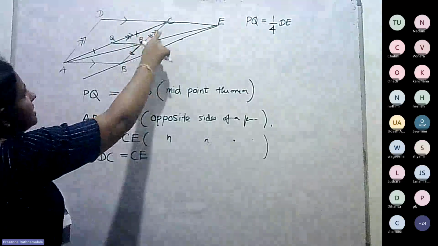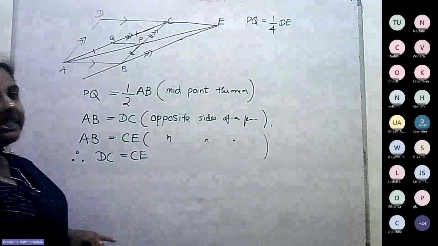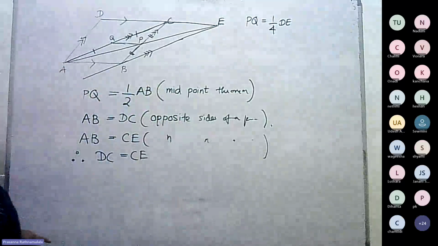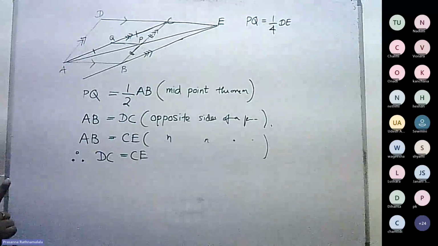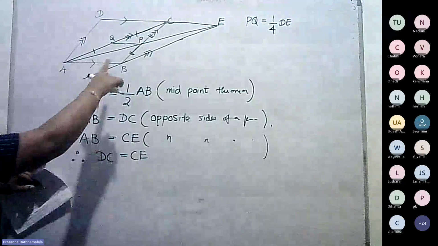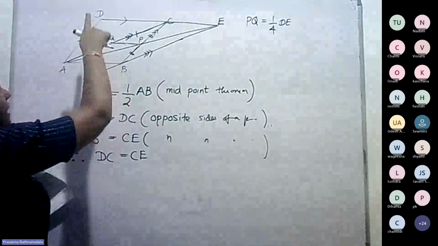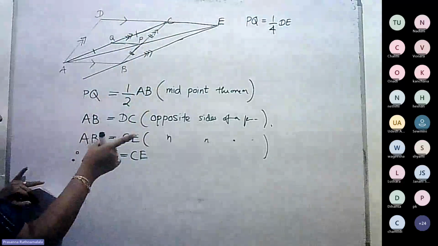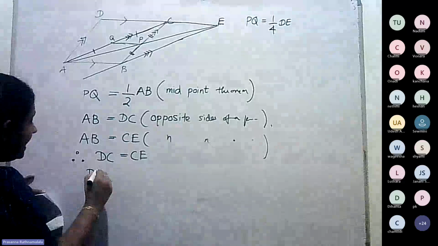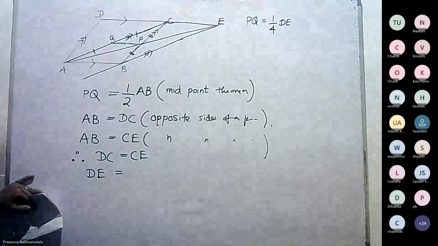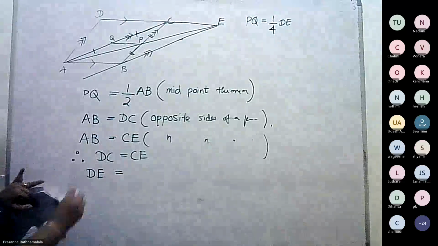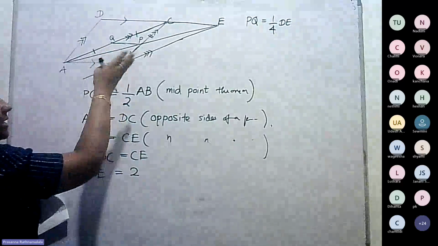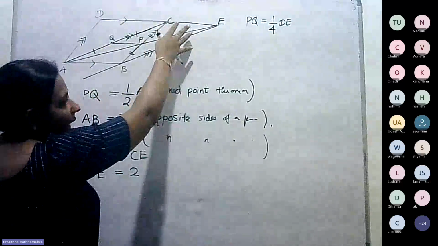And C is the midpoint of DE. So AB equals DC and CE, but DE equals twice CE or DC. You can take one of these two lengths.